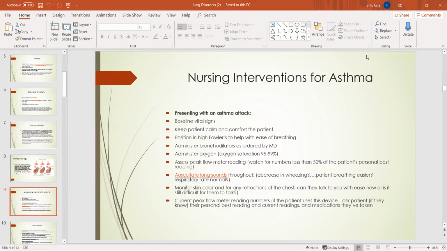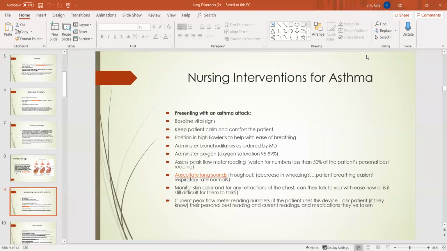And Xopenex is another name for a short-acting med. So again, if you've ever heard that someone has a rescue inhaler or something like that, that's what they're reaching for, that short-acting beta-2 agonist.